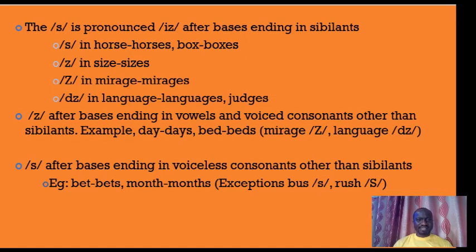We have the iz sound in size. The plural form will be sizes. In mirage, we will have mirages. We have language, we have languages. We have judge, we have judges.